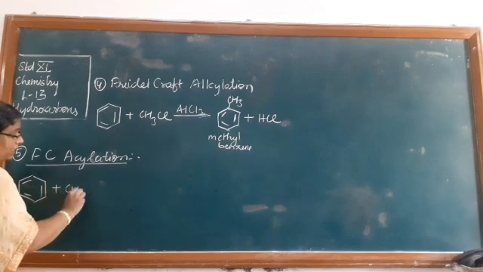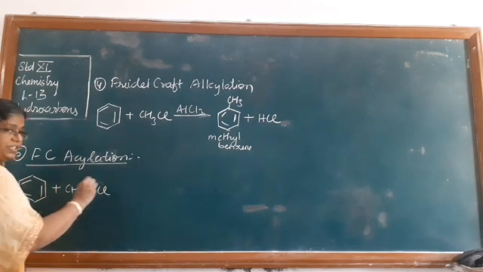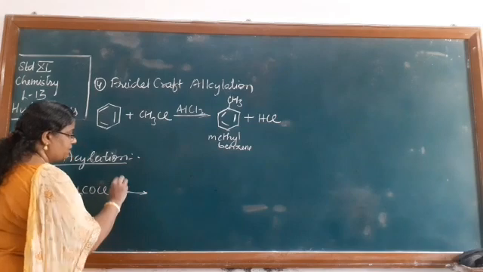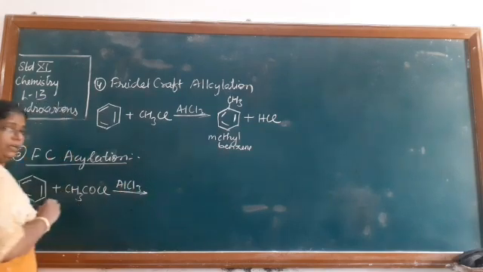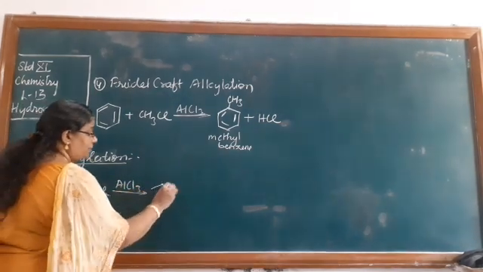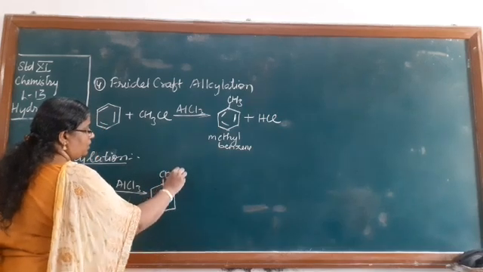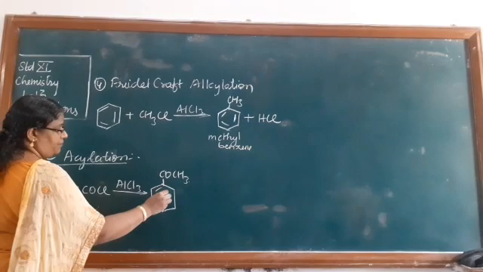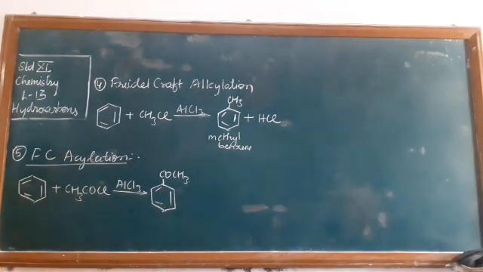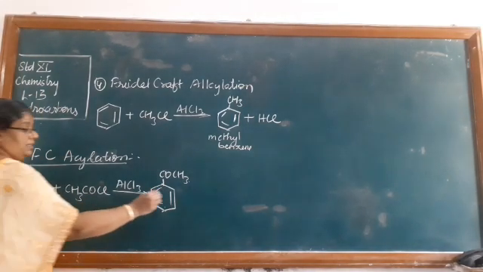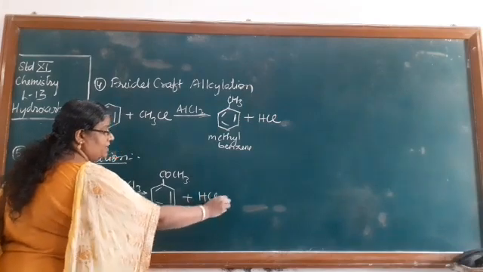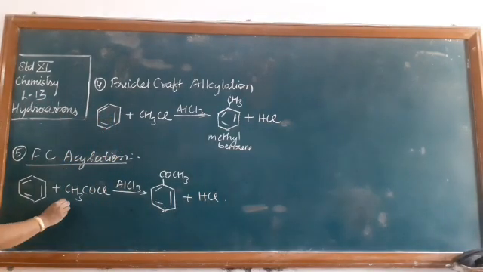So if you are using acetyl chloride, CH3COCl, in presence of AlCl3, then the product obtained is COCH3 on the benzene ring, plus HCl. This is when acetyl chloride is used.